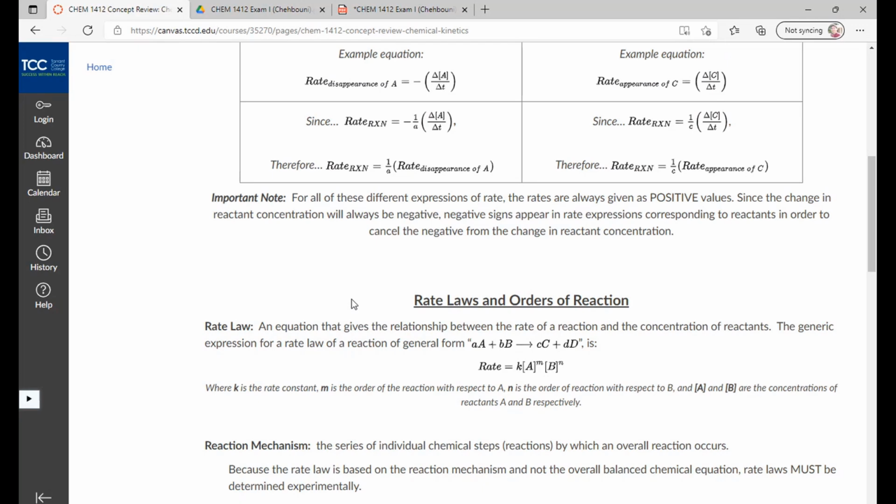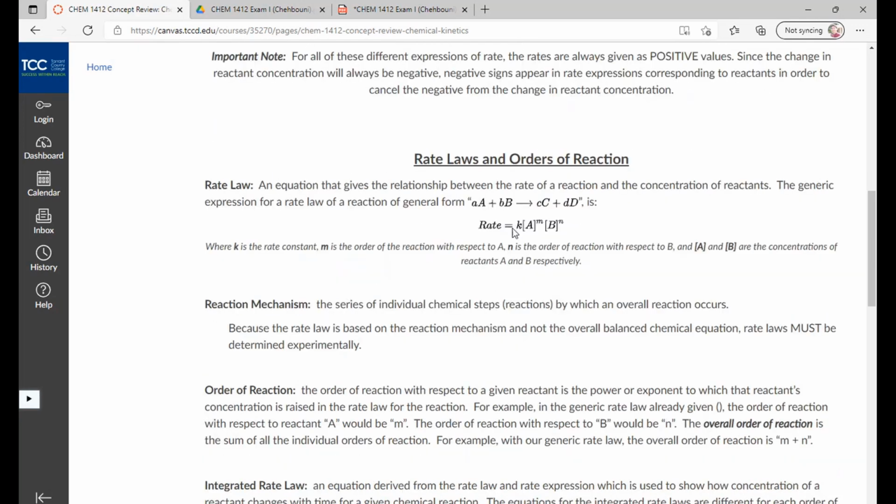It explains what each thing means. So like, for example, rate is equal to k[A]^m[B]^n. K is the rate constant, m is the order of reaction with respect to A, n is the order of reaction with respect to B, and A and B are concentrations of reactants A and B respectively.